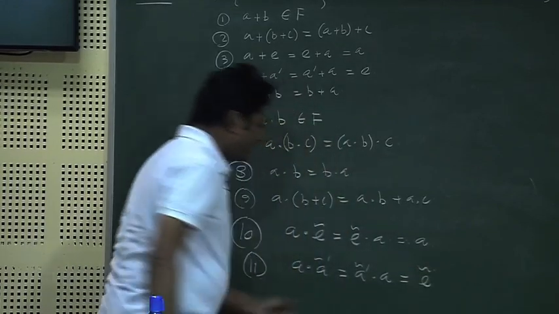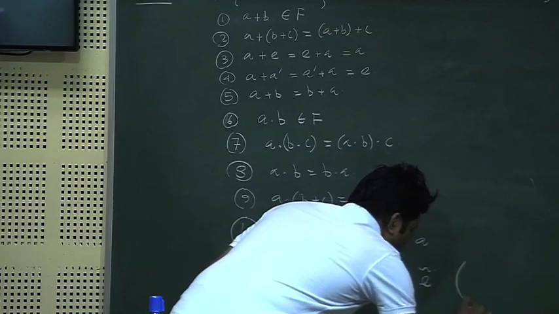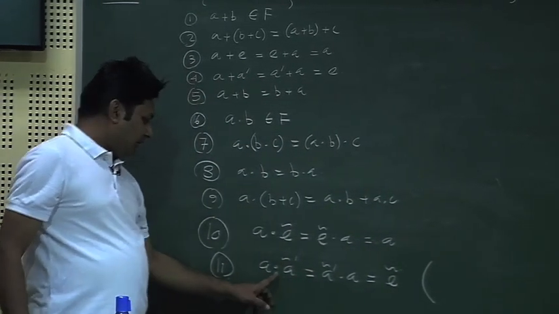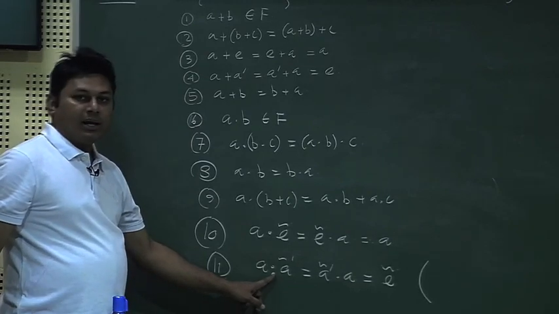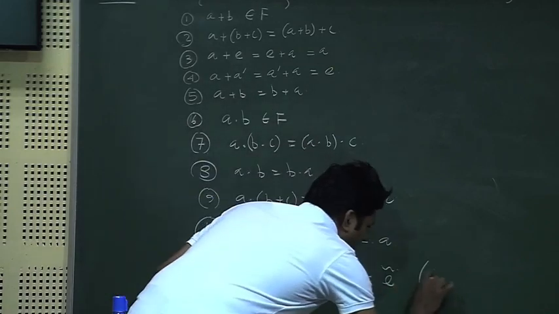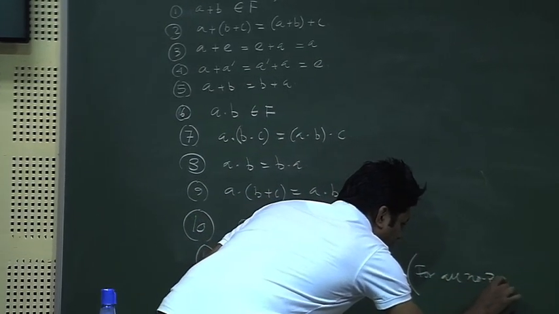E tilde, where these elements have to be. We need to make a comment on that, because this is a very important property, that even under multiplication I can have an inverse. This is only possible for all non-zero elements.